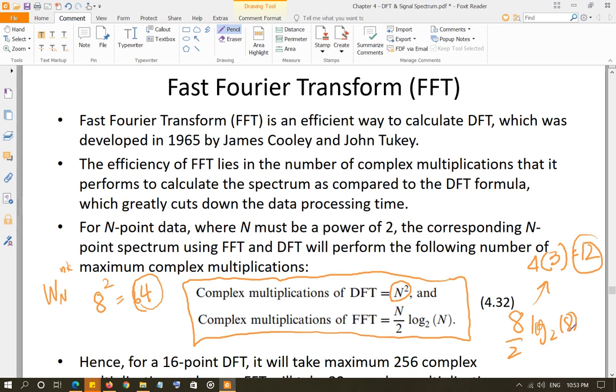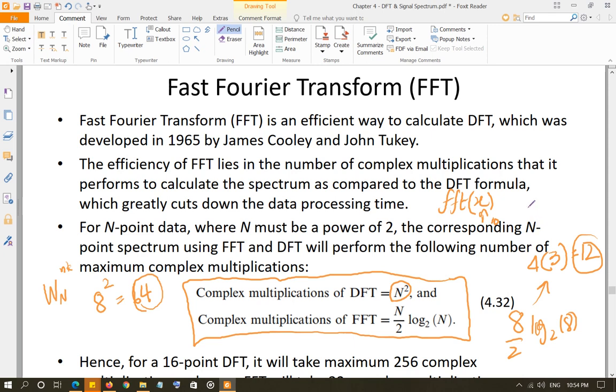Now in MATLAB, the FFT function that you use, if your number of data points is not a power of 2, then the FFT function is not going to use the FFT algorithm. For example, if x has 10 data points, 10 is of course not a power of 2, so it is just going to use the DFT algorithm and calculate the DFT.